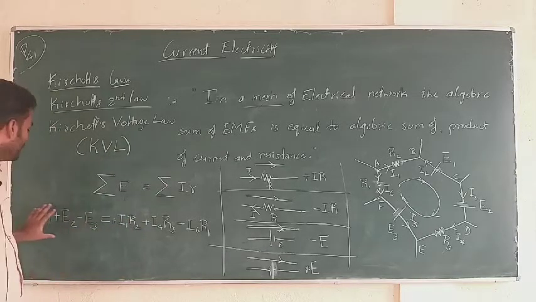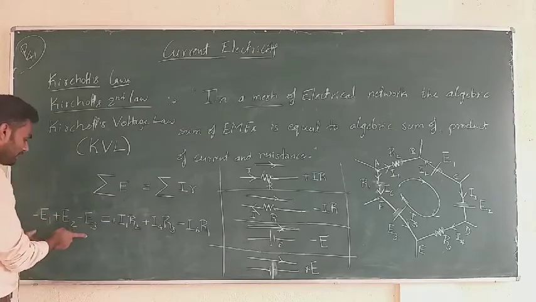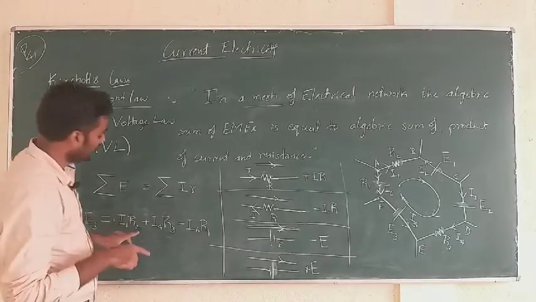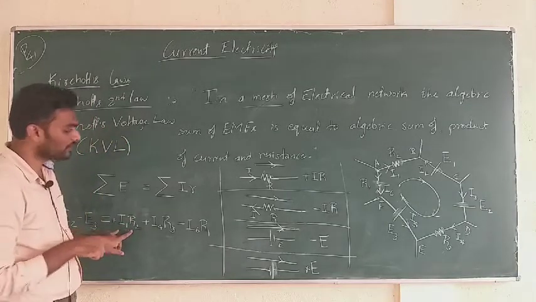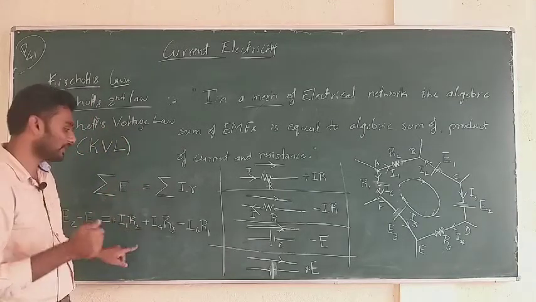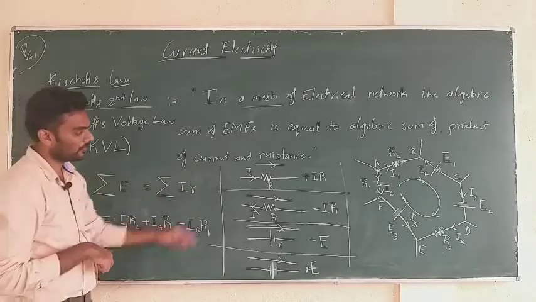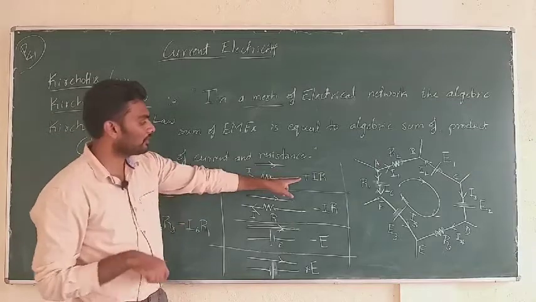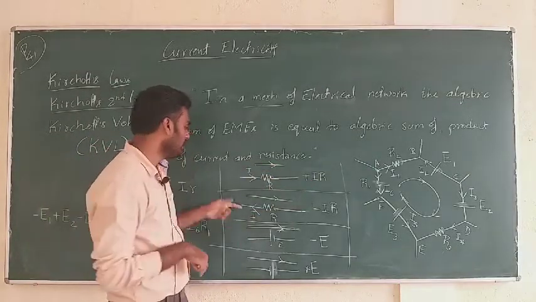Okay. All the EMFs of the mesh covered, yes, covered. All the products of currents and resistors of the mesh covered, yes, covered. These are the rules to be followed. If the direction of current is the same as the direction of path, then plus IR.